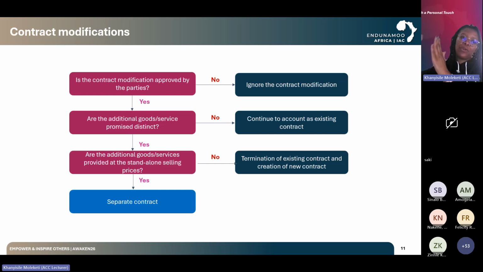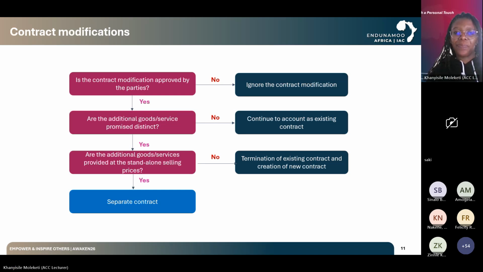It's not reasonable that I have such a separate contract. So this additional 5 plus the undelivered creates a new contract. Based on the new contract, I determine a new transaction price and allocate that to the remaining goods in the contract. Yes, we are still on the slides with the contract modifications. I've not moved from that slide yet.